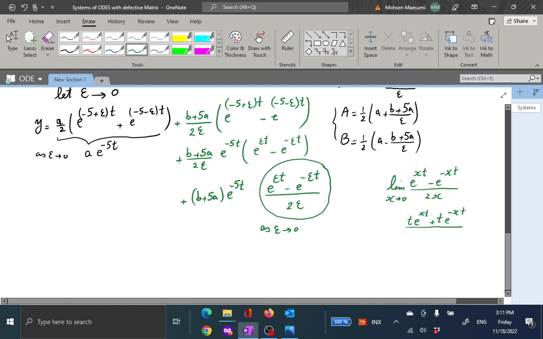Denominator, derivative with respect to x, is a 2. What is the limit of that as x goes to 0? When x goes to 0, these exponentials become 1. It becomes 2t divided by 2. That's just t. So the limit of this expression as epsilon goes to 0 is t.